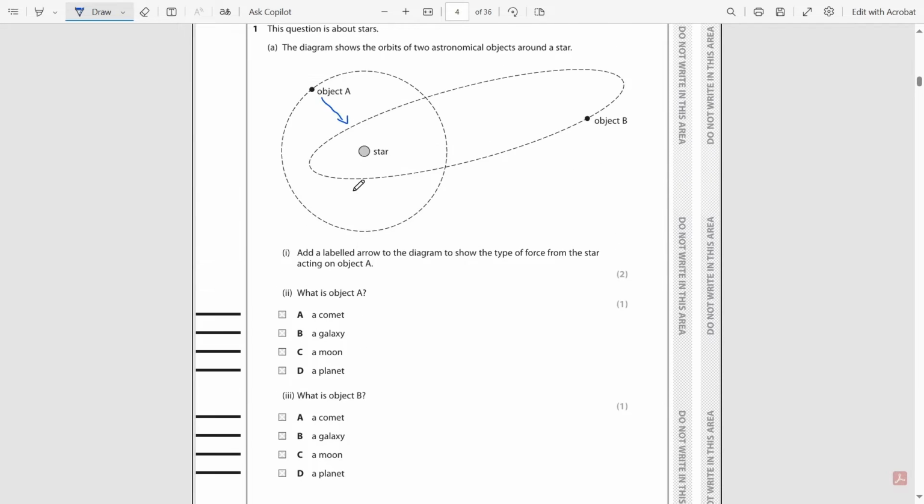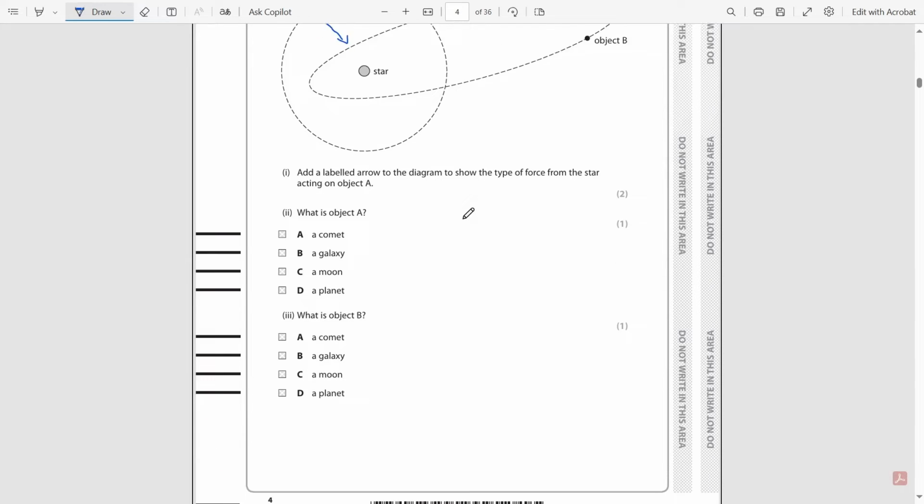What is object A? It cannot be a comet, because comets have a really elliptical orbit, just like this one. I think we can tell what object B is from this orbit. It cannot be a galaxy, because galaxies don't orbit anything, especially stars.